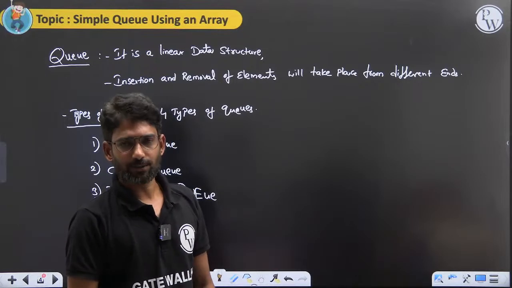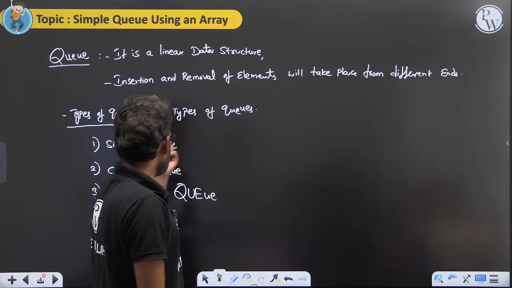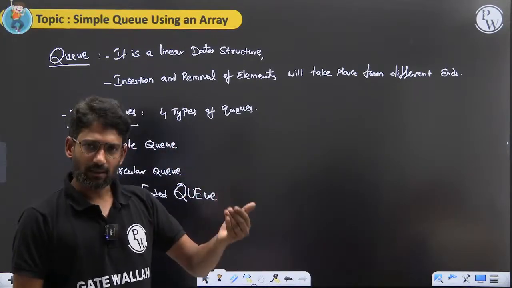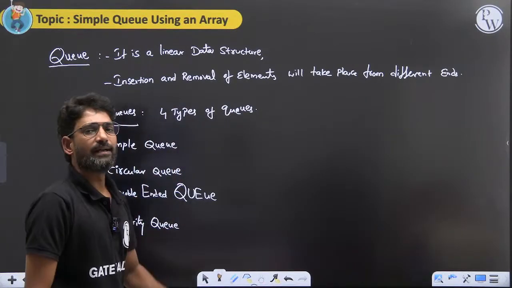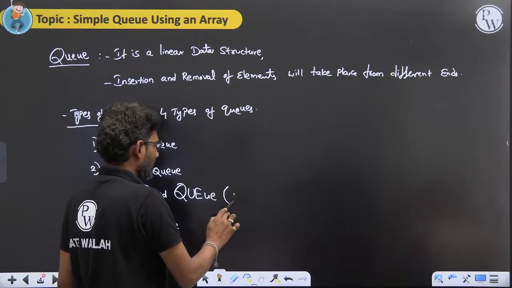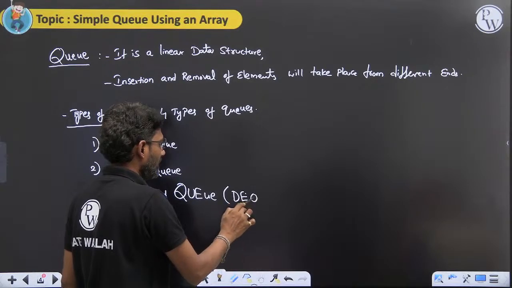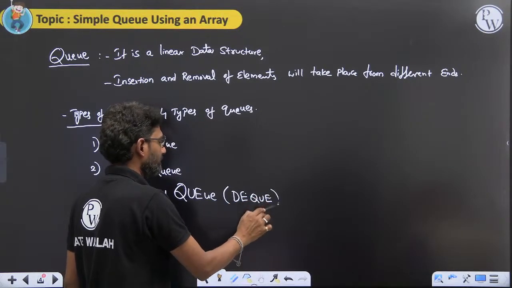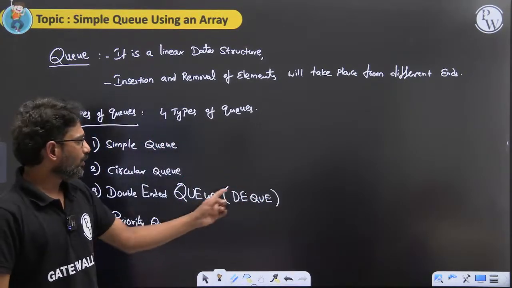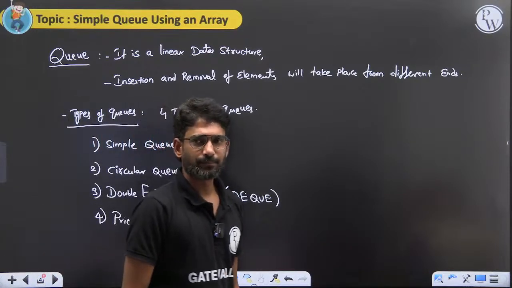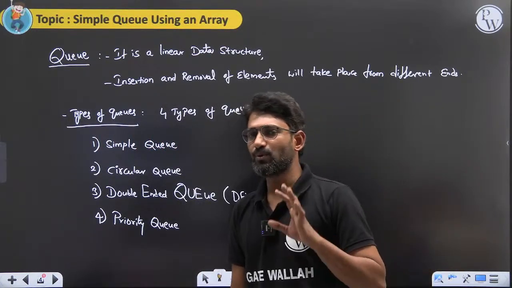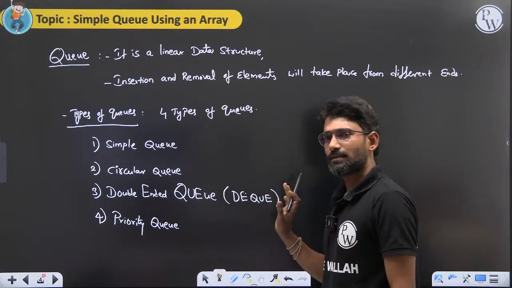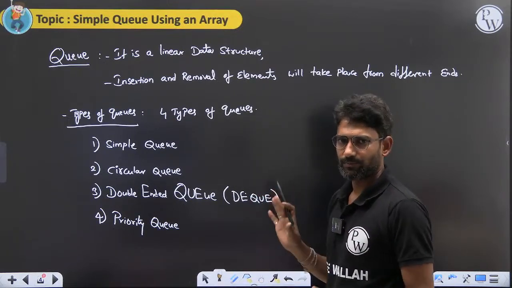In short, simple queue we can call just queue. Double-ended queue we write as deque. How do you pronounce it? Maybe most of you pronounce it as dequeue, right?